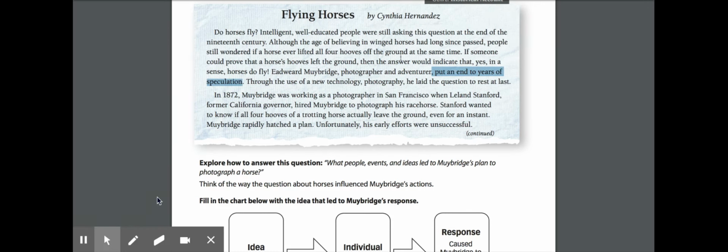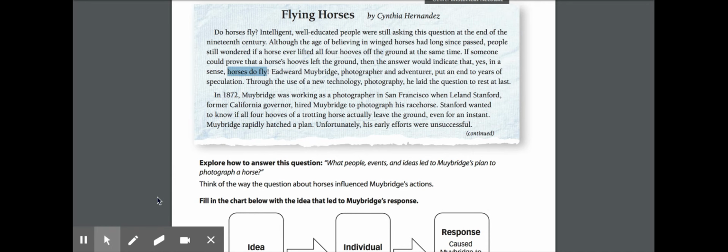You go back up. If someone could prove that horses' hooves left the ground, then the answer would indicate yes. So is that the speculation? In a sense, horses do fly. Okay, so it would say, yeah, that horses do fly. So this is the speculation that he's asking about, right?